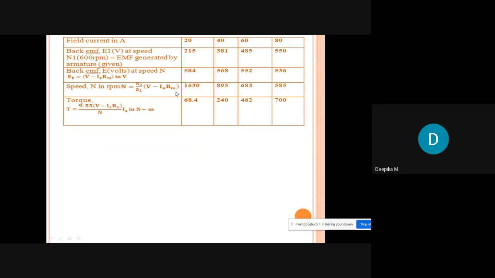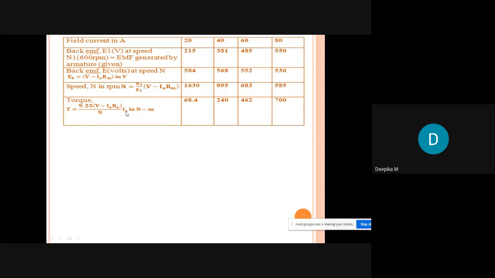We have already calculated V minus Ia Rm, and N1 is nothing but 600 RPM, you can see here, and E1, correct, E1 is nothing but 215. That is, for each value you have to keep on changing the E1 value, and also the V minus Ia Rm value. Hence, you will get the value 1630. In this way, you have to draw.